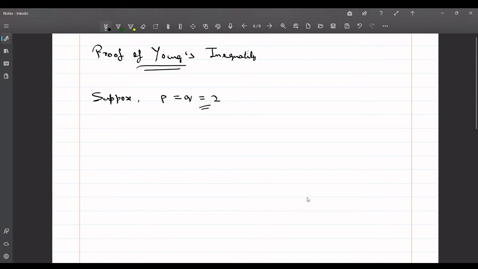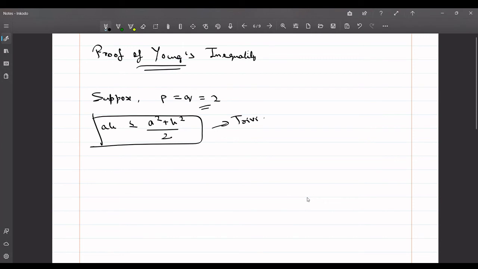So in this case it is pretty trivial. That is, ab is less than or equal to (a squared plus b squared) over 2, the quadratic mean. So this is very trivial. Now if we are not taking the case of symmetric conjugates, then what we need to do is this.